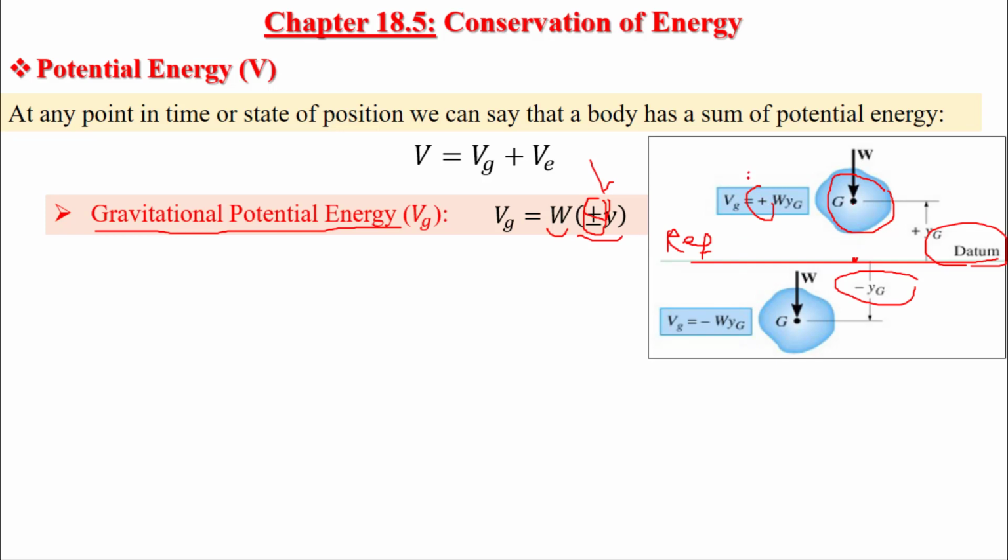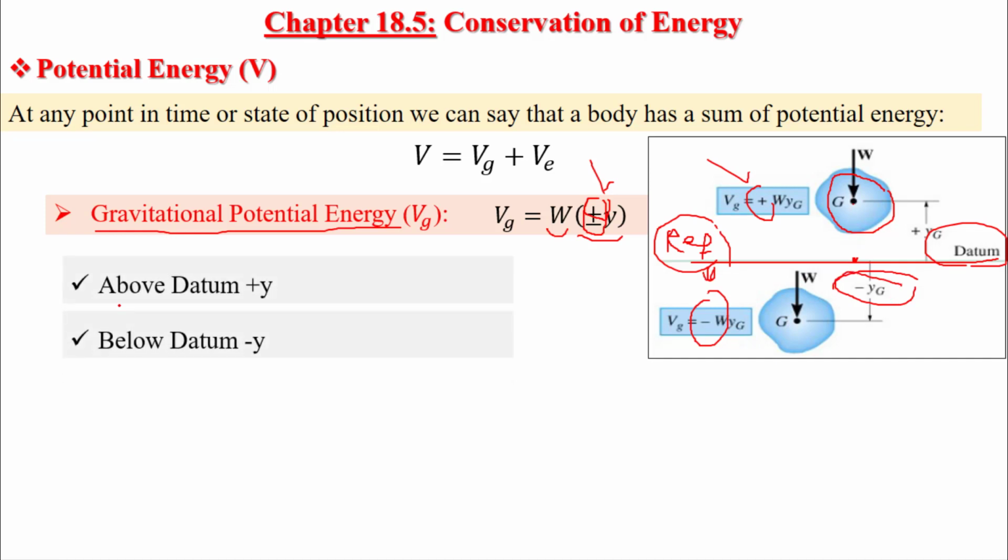So this is positive y because the displacement happened on top of the reference, and this gravitational potential energy is negative because the displacement of this rigid body happens below this reference. So whenever we are above the datum, we substitute y as positive, and whenever we are below the datum, we substitute y as negative.